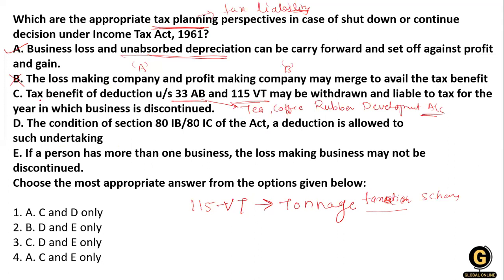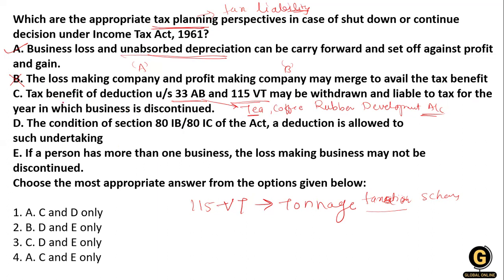Now, the deduction under section 33AB is available for tea, coffee, rubber development, and 115VT is for the tonnage. This deduction available to the company may be withdrawn and liable to tax for the year in which business is discontinued.